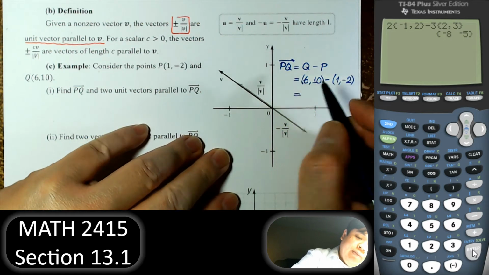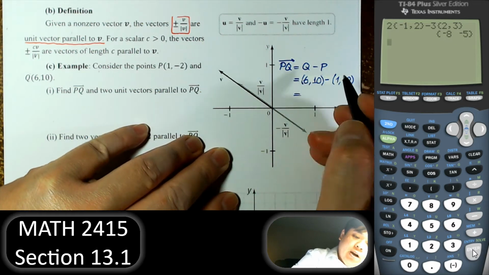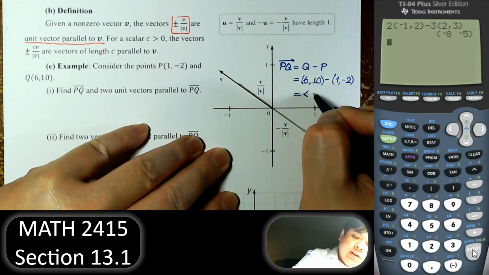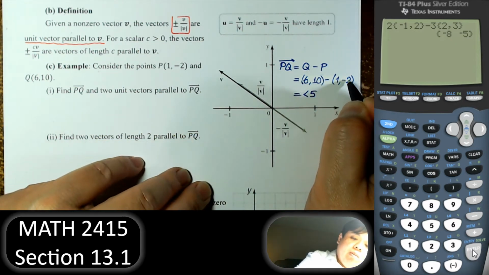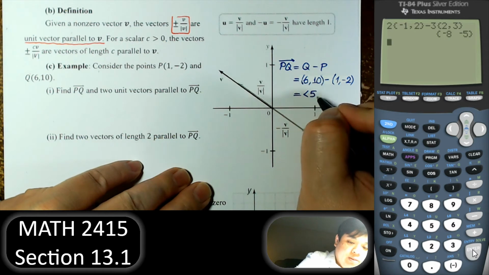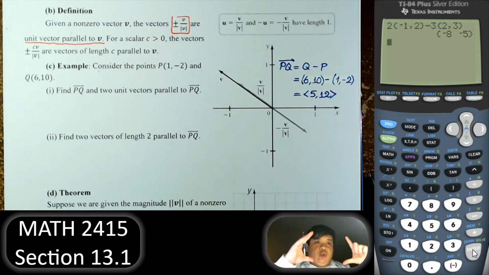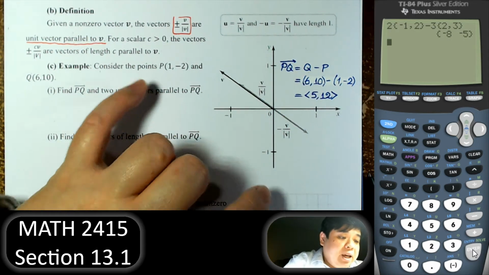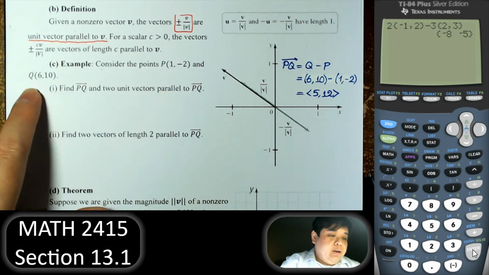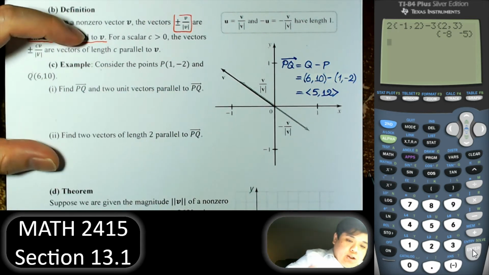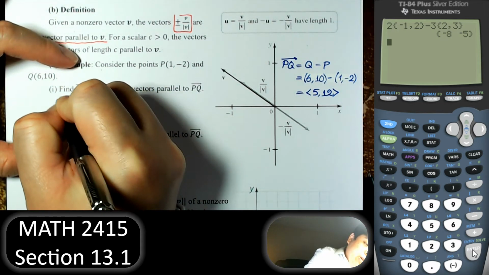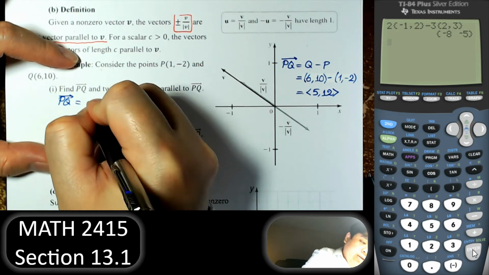So subtract, we have PQ: 6 minus 1 is 5, and 10 minus negative 2 is 12. I write in the vector notation, triangular bracket. Right, PQ, Q minus P, 5 and 12. So we have vector PQ is 5 and 12.